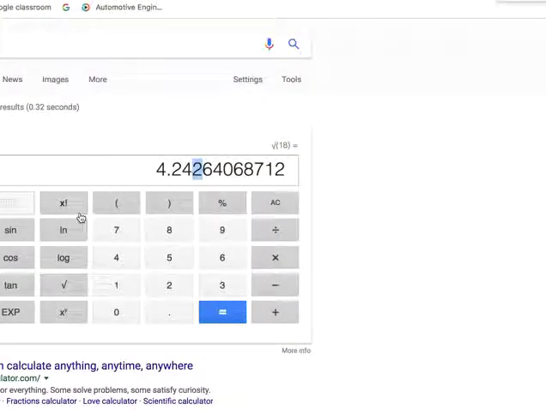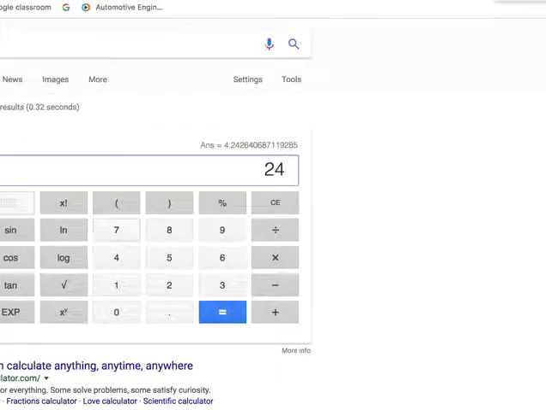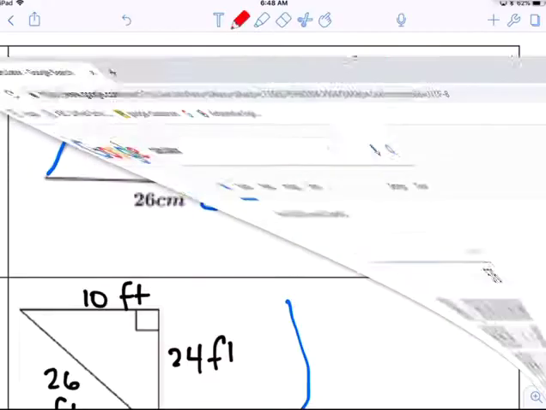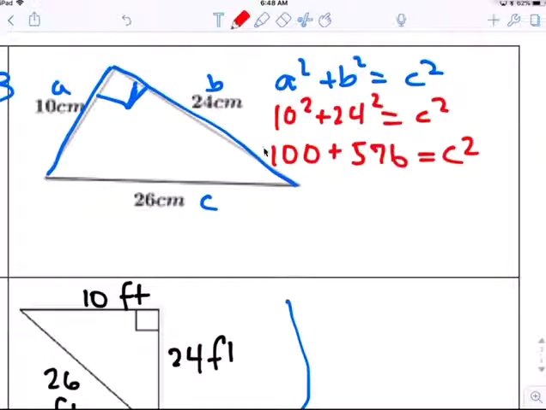I better do 24 times 24. 576 equals C squared. Then you add these two together: 676 equals C squared.